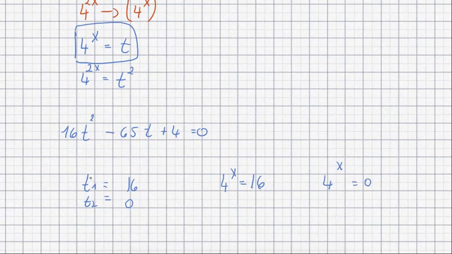Because I just made up some numbers because I didn't really solve it. But let's say we have two answers, right? For a quadratic equation, we usually have two answers, x1 and x2, or t1 and t2. Just for the example, t1 is 16 and t2 is 0. But we know that t is actually 4 to the power of x in this case. So we have to finish it like so.